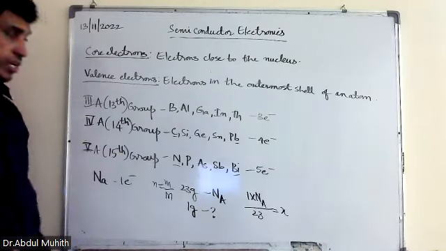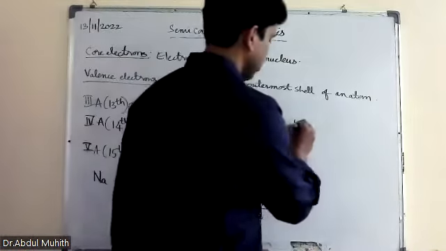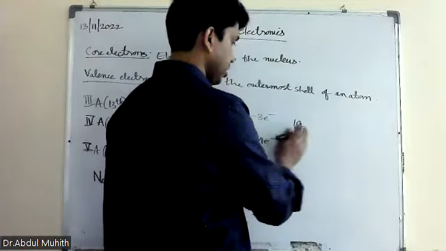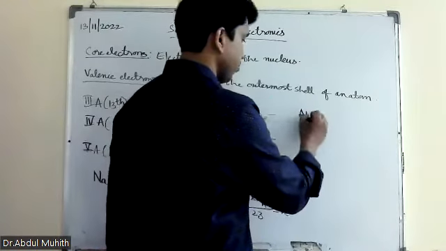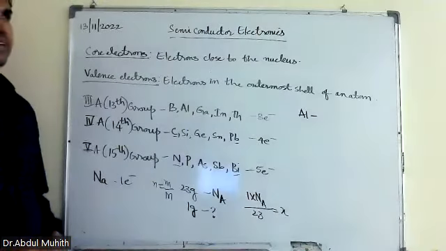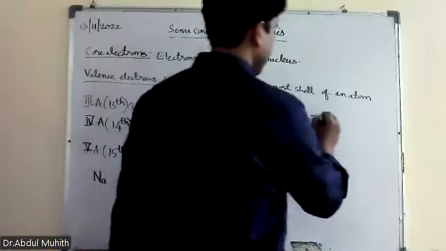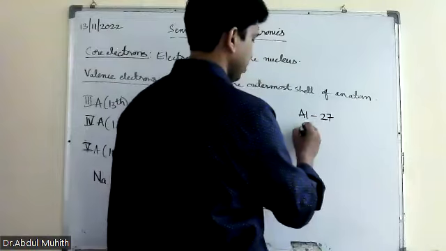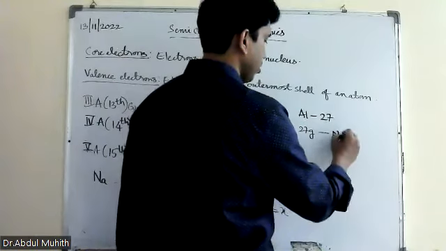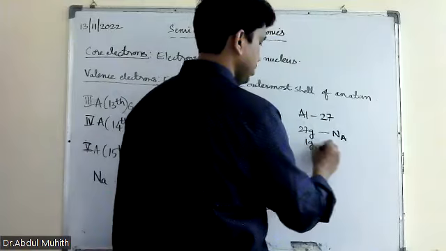Now suppose I am taking 1 gram of any substance. If I am taking the example of aluminium, what is the atomic mass of aluminium? 27. Atomic mass is 27. Means what? If I am taking 27 grams of aluminium, it will be Avogadro number of atoms. 1 gram is how much?